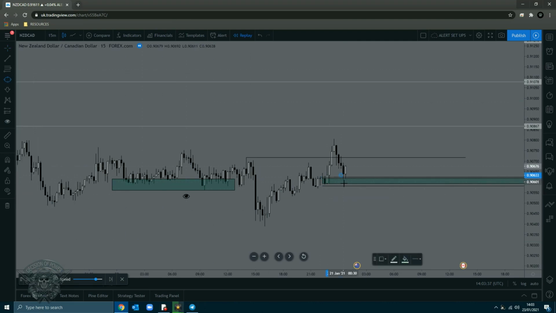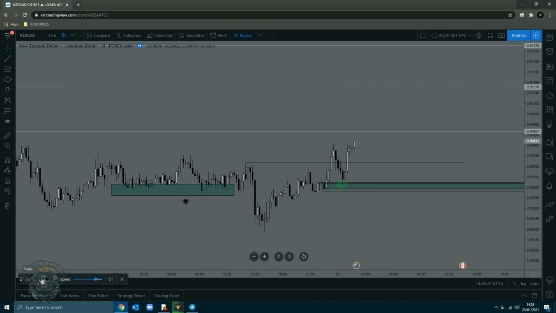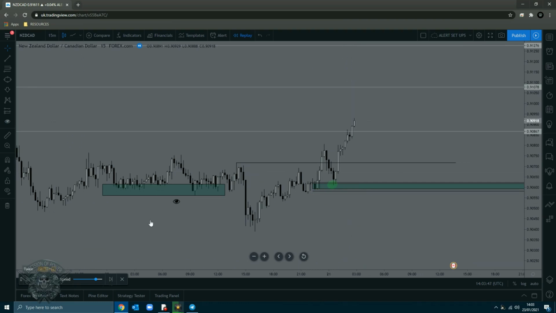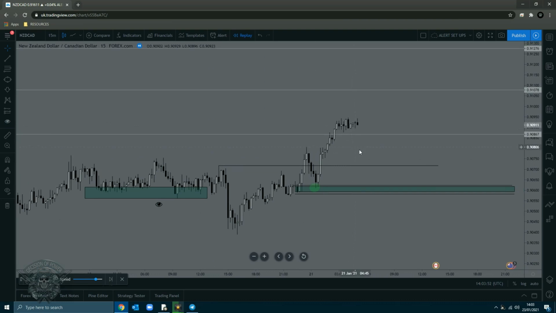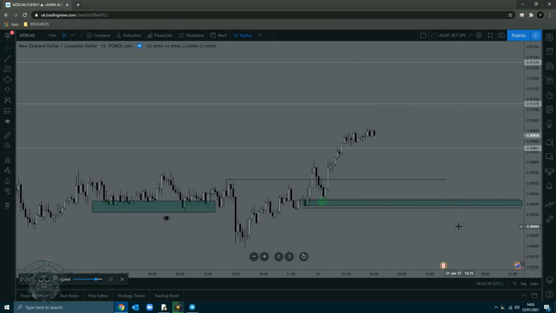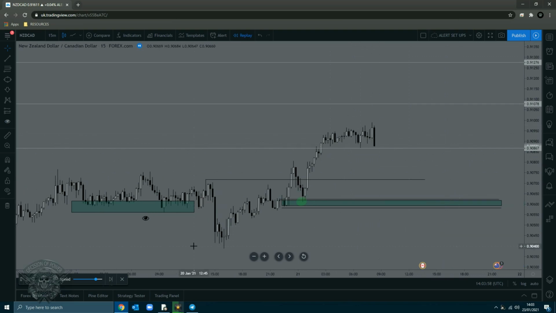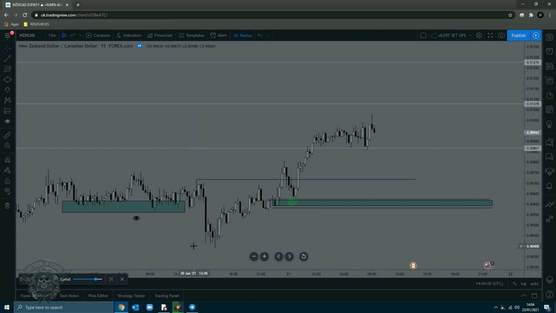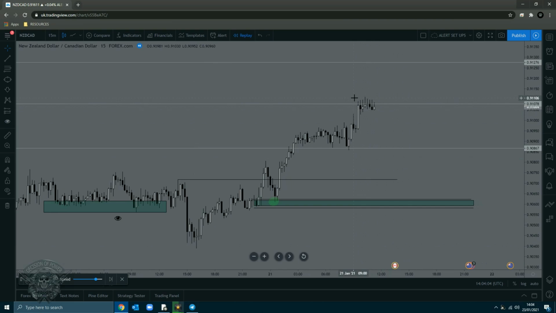We've got in right there. Stop loss is sitting underneath here. As you can see, first high has been taken out. That's the second high getting tagged.